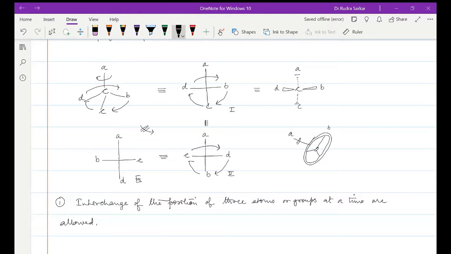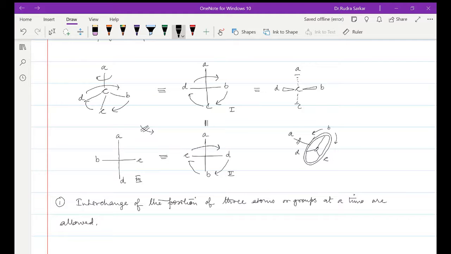So suppose this is your B, this is your C, and that is your D. So you can go either in the clockwise direction, or you can go in the anti-clockwise direction.